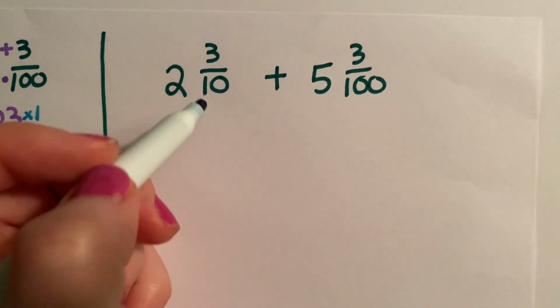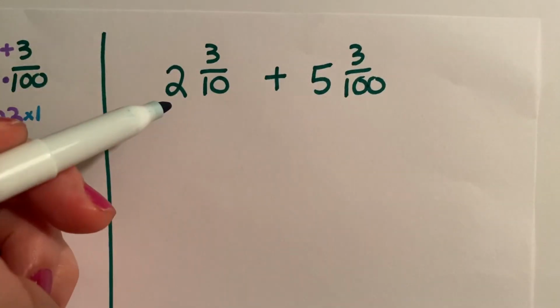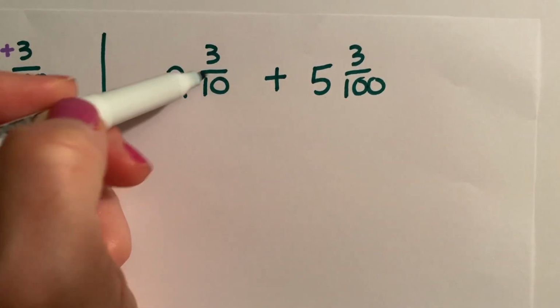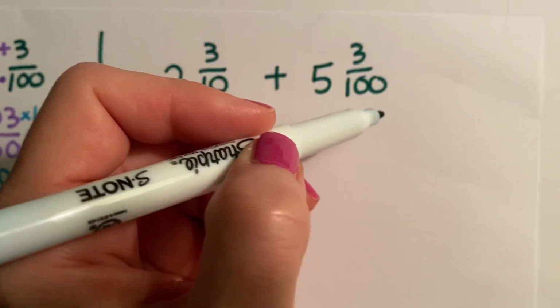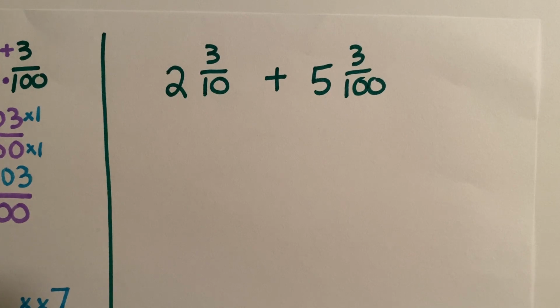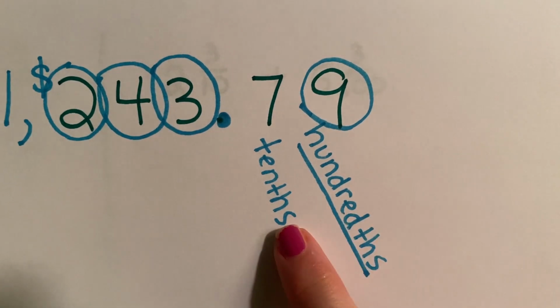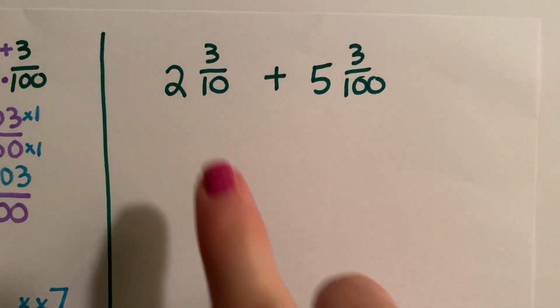When you have denominators in mixed numbers or proper fractions or improper fractions, and you see a 10 or a 100, you should be thinking about place value. You see tenths and hundredths.